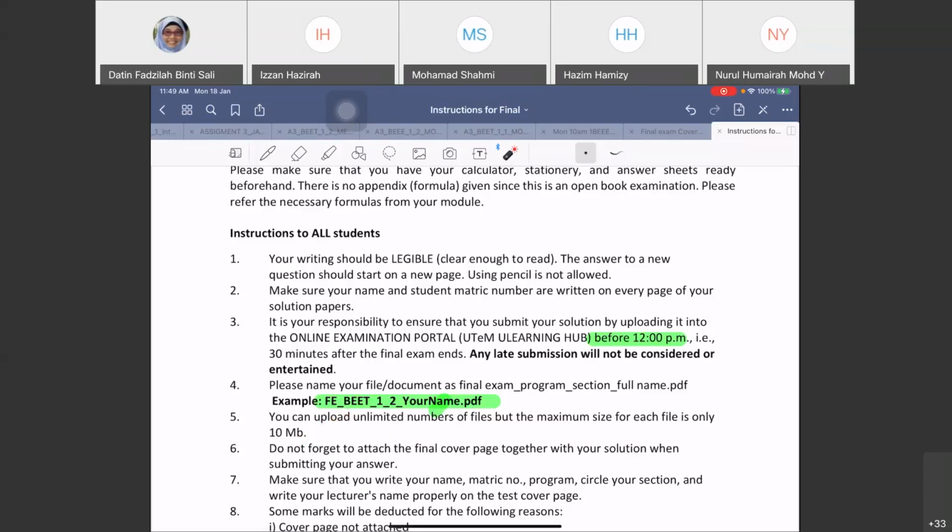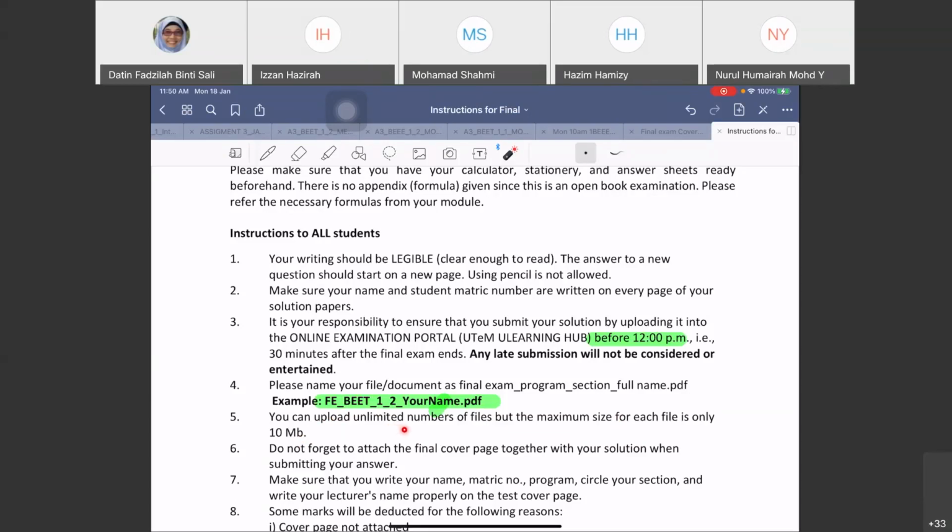Then it means you have to separate it. The first few pages as one PDF, the next as another PDF, and you can upload twice. That's why they say upload unlimited numbers, because this time we do not want to limit it to just one time, in case people use too many pages or answer sheets.